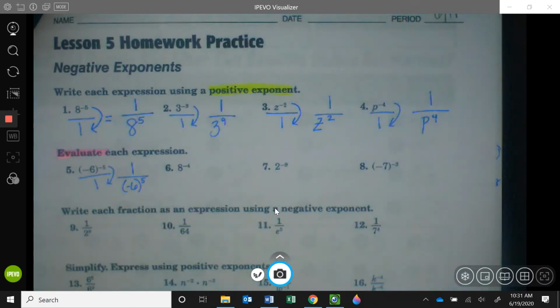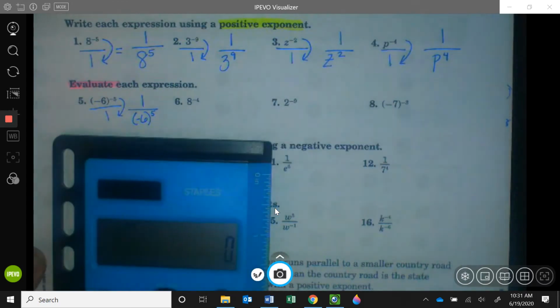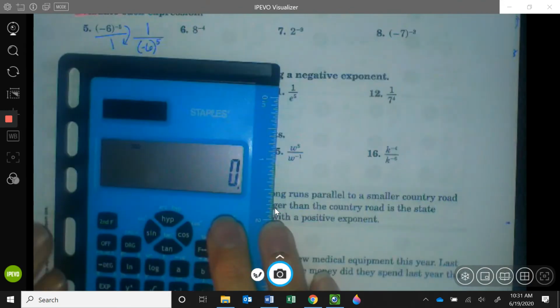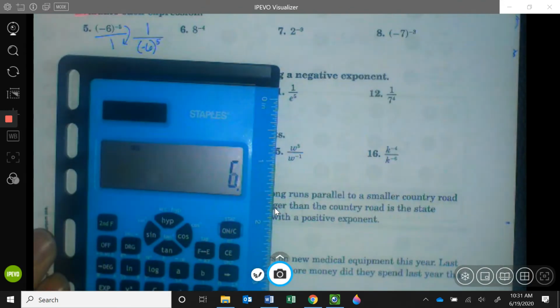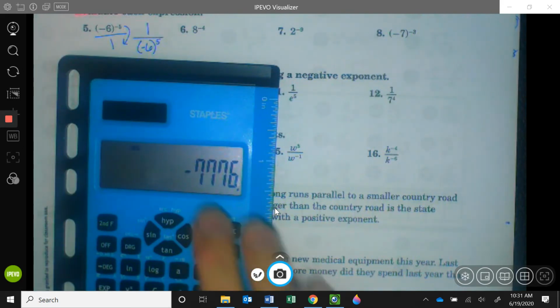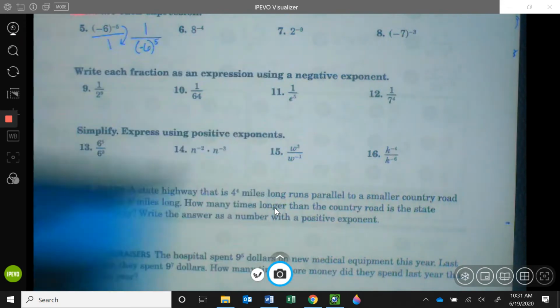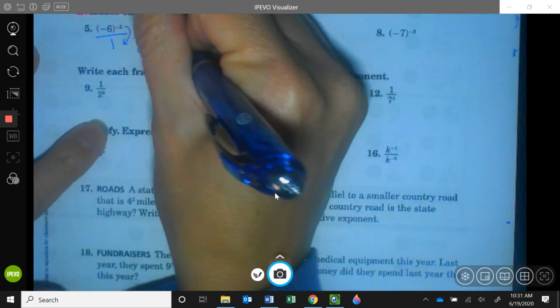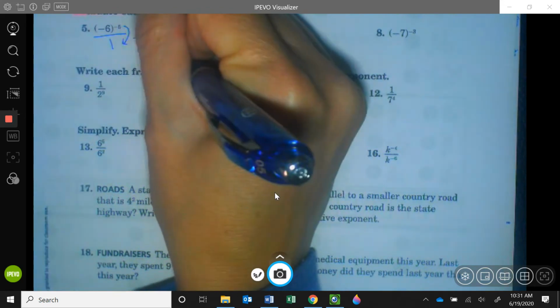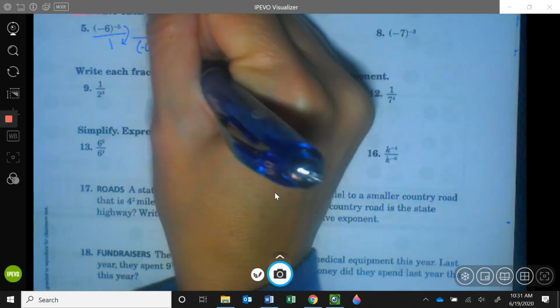Okay, so now we think about how to find that answer. Well, if you put in your calculator negative 6 raised to the 5th power, there you go, you get negative 7,776. So this becomes 1 over negative 7,776.